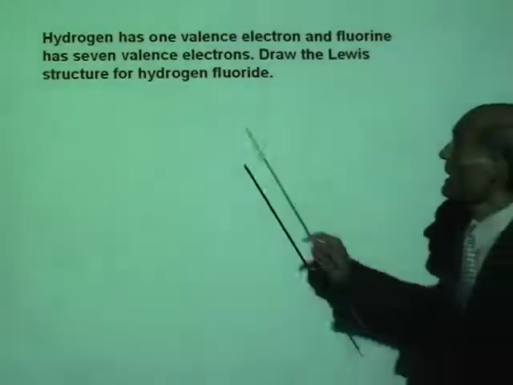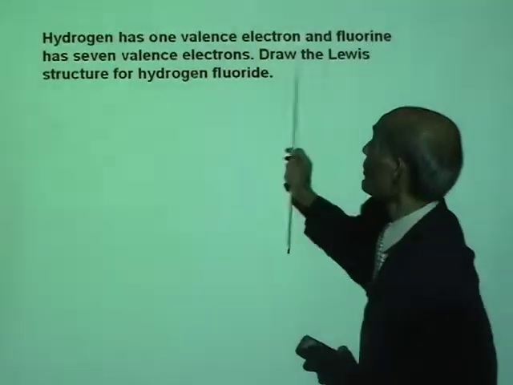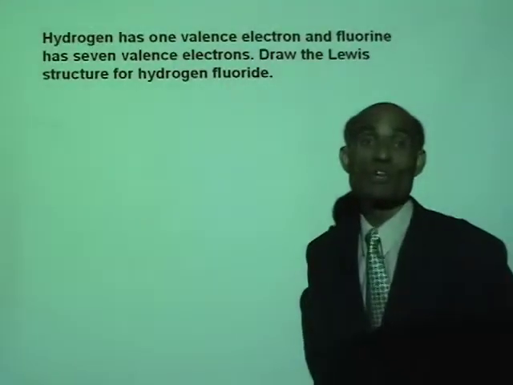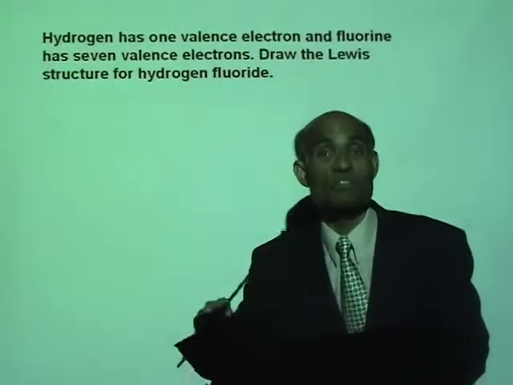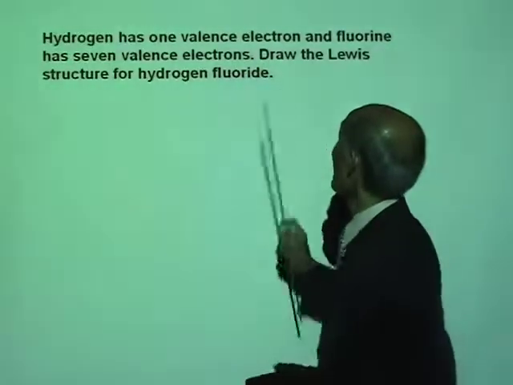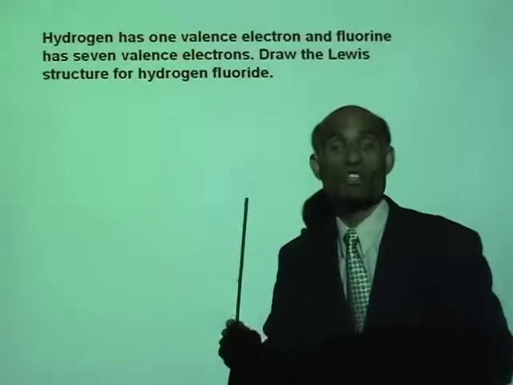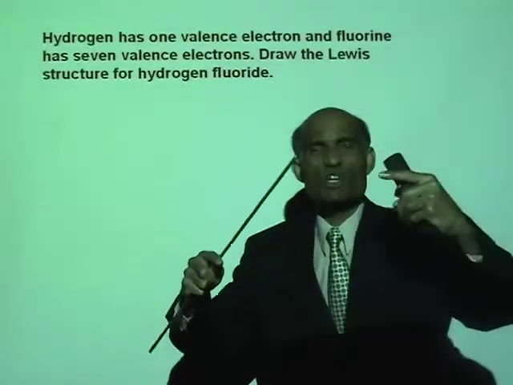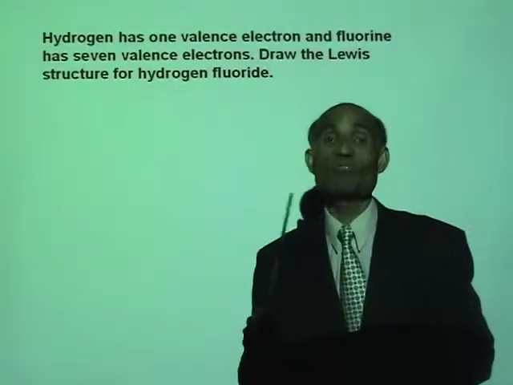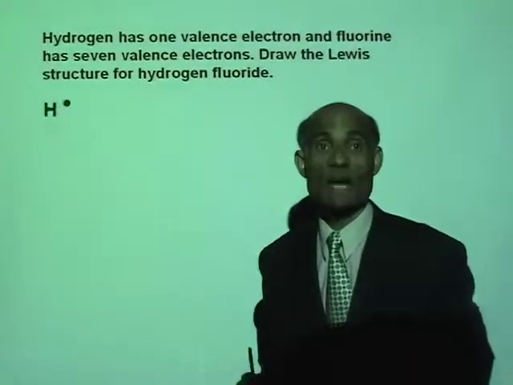Hydrogen has one valence electron and fluorine has 7 valence electrons. Can you draw the Lewis structure for hydrogen fluoride? What kind of electron sharing arrangement can be made between hydrogen and fluorine in the formation of the compound hydrogen fluoride?